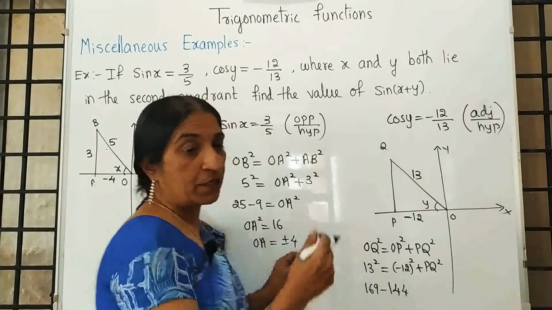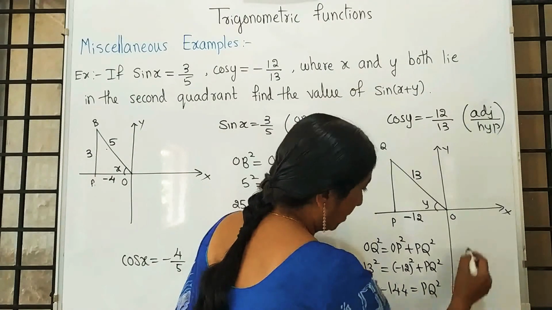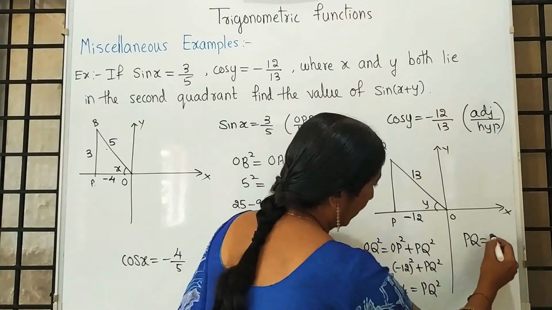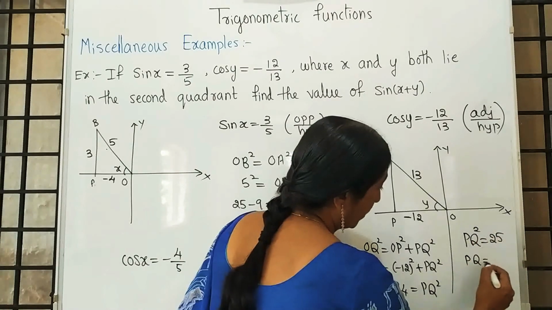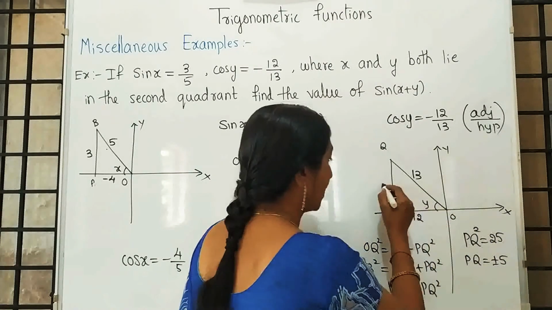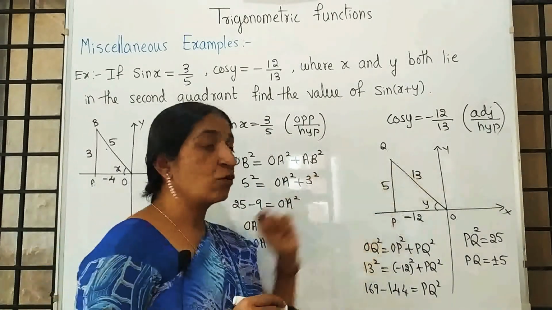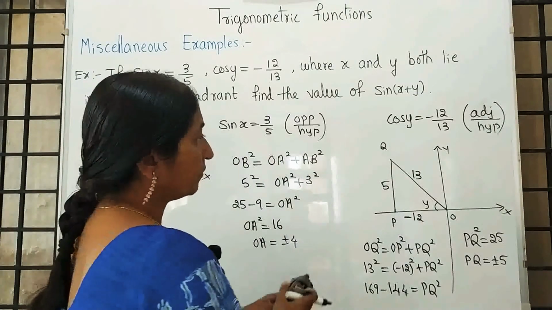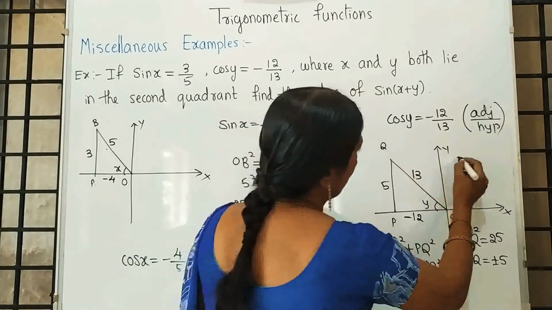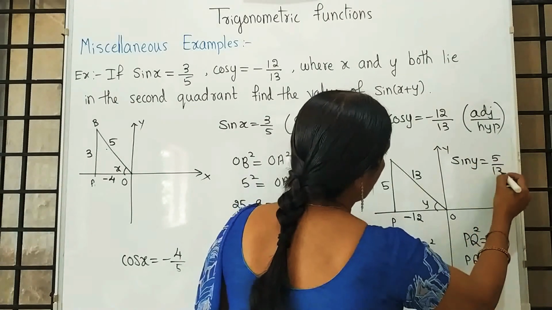Minus square is plus, taking it to the left side, minus 144, PQ square is 25. PQ is plus or minus 5, but I will take plus 5. Why? Because this is parallel to the y axis, which means the y value, and y is positive in the second quadrant. Now with the help of this, write down sin y. Sin y value is 5 upon 13.